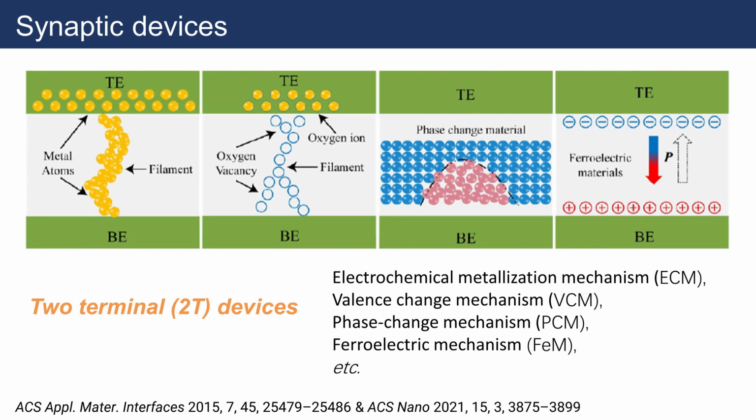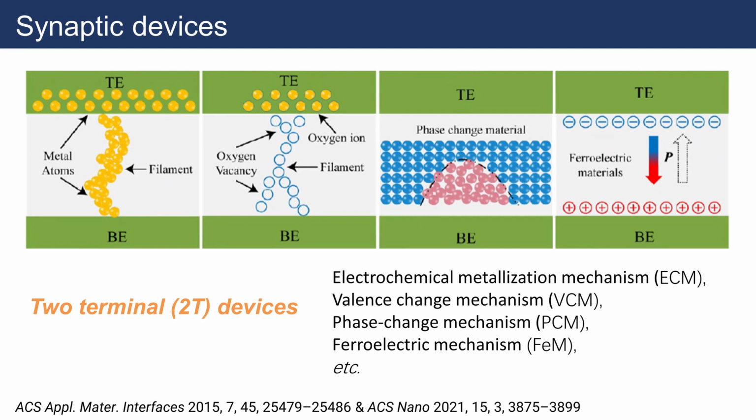Within the two-terminal devices, there are many different kinds of mechanisms to enable us to achieve the synaptic behaviors. I give a very brief summary about the different mechanisms. For example, there are the electrochemical metallization mechanism, valence change mechanism, phase change mechanism, ferroelectric mechanism, and many other ones.